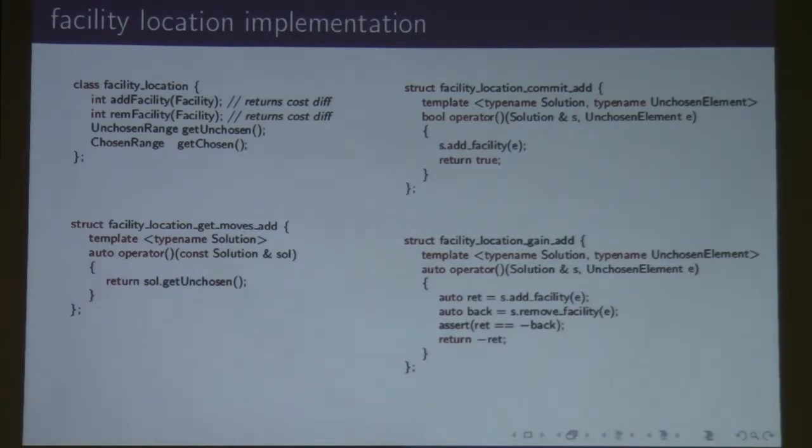Yes? In that case, I'm wondering about the complexity of add and remove facility. Because if I remove a facility, for example, I have to recompute all the distances. So I think that this is an expensive operation.